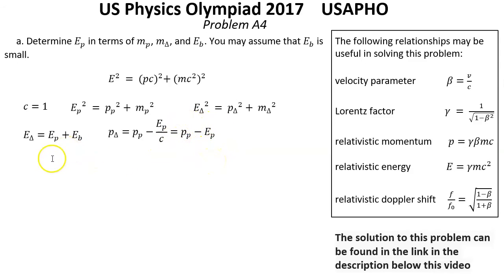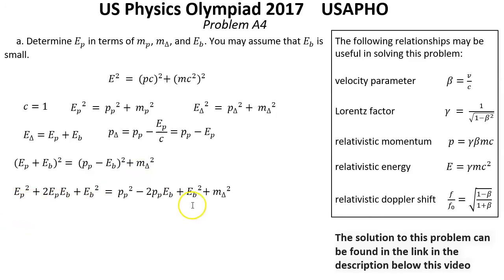Now we can insert this expression into the second equation for E_delta squared, and that will give us this equation. Now let's simplify it. After squaring, we have this equation.